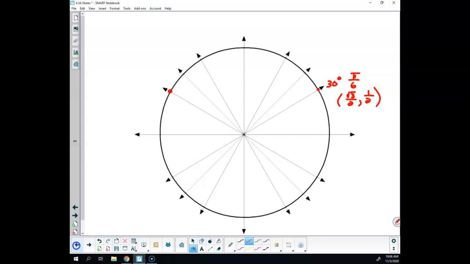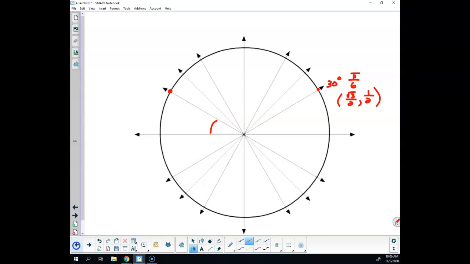That same triangle gets represented out here. So now this angle here would be my 30 degrees.